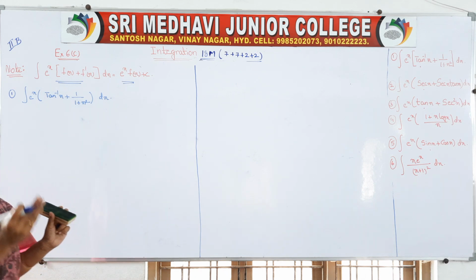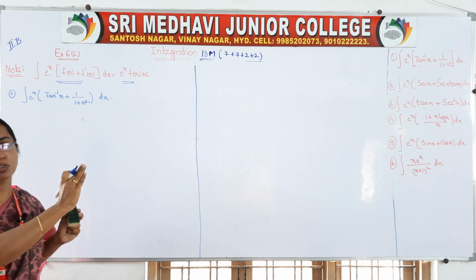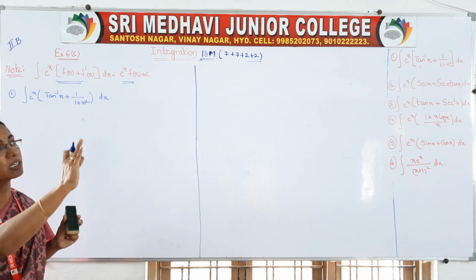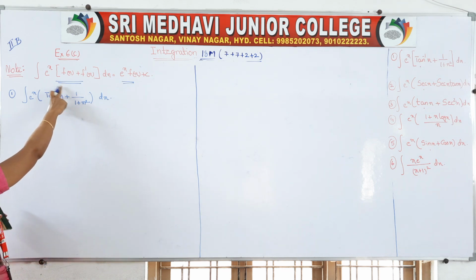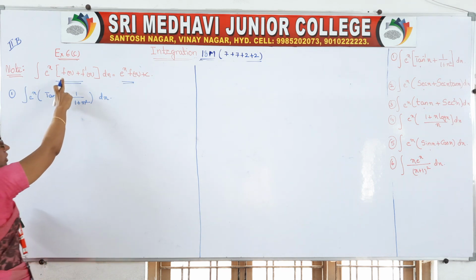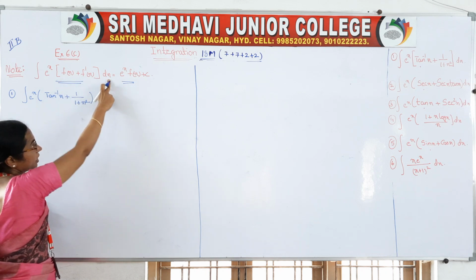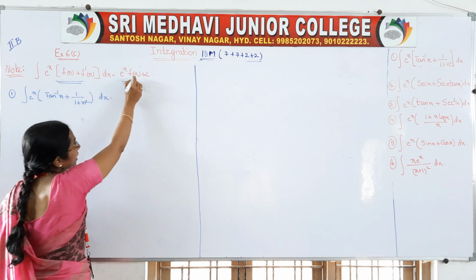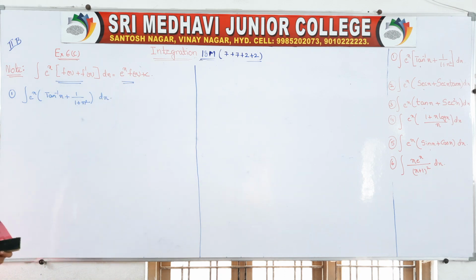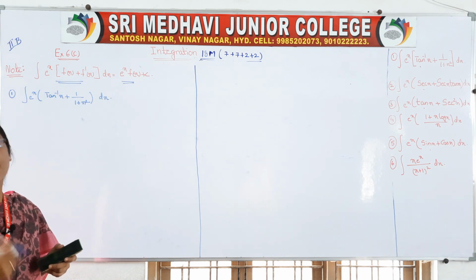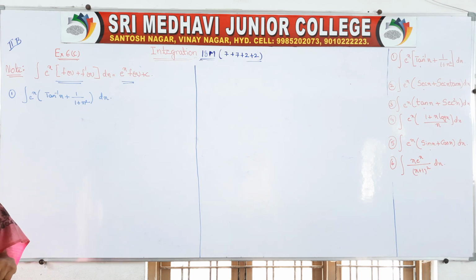In any problem, if e to the power of x is outside the bracket and inside we have two terms, we have to think about this formula. If integral e to the power of x f of x plus f dash x dx is there, directly we can take in its place e to the power of x f of x plus c. But you should know what is f of x and what is f dash x, then only we can apply the formula.